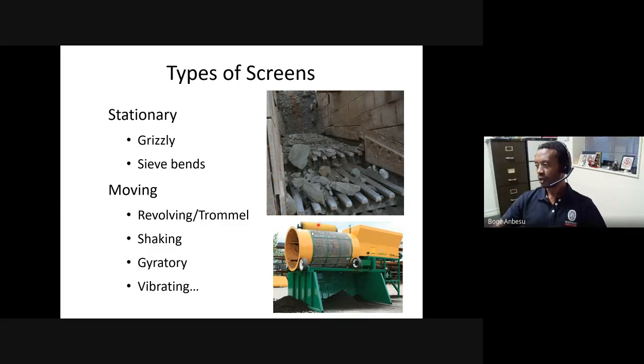So the trommel revolves and you feed it from this end, and this is typically your screen. Coarse particles will be retained in the interior of this trommel. Fine particles will pass through, and therefore fine particles are collected here. Coarse particles eventually pass through the screen and are collected here. So you have coarse and fine portions.